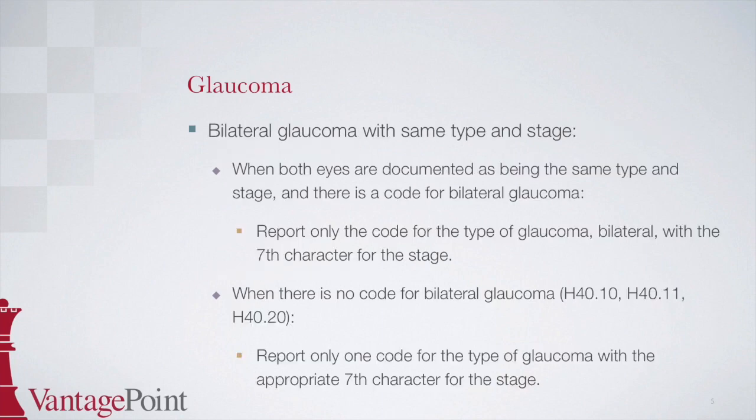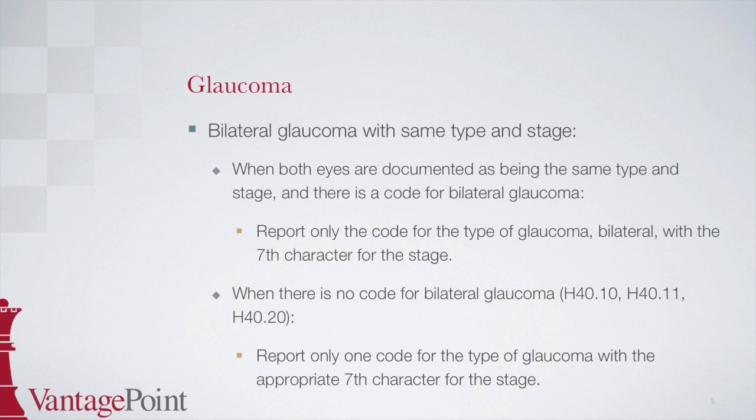If the patient has bilateral glaucoma of the same type and same stage, you're only going to use 1 code, which will include the type of the glaucoma, the location, and the stage, such as H40.33X1, which is glaucoma secondary to eye trauma, bilateral, mild stage. So that 1 code is telling us not only does the patient have glaucoma in the type, which is secondary to eye trauma, the location, which is bilateral, and the 7th character of 1 is for mild stage glaucoma.